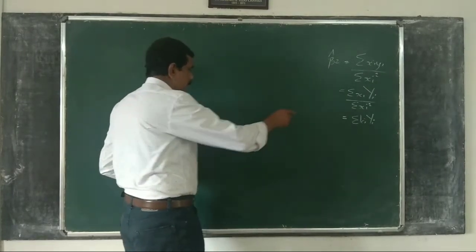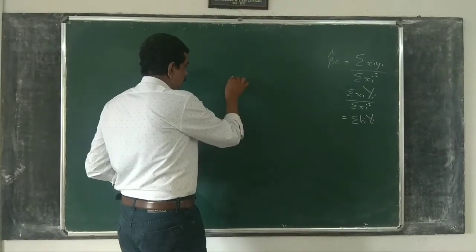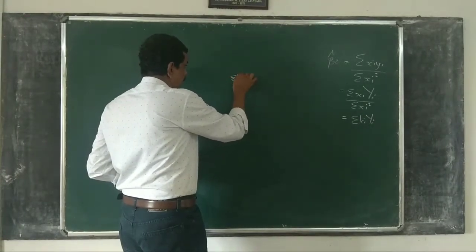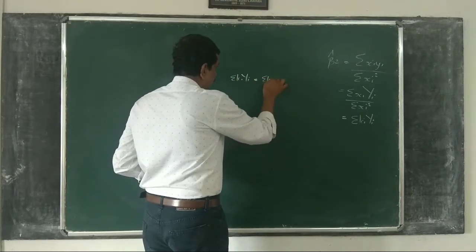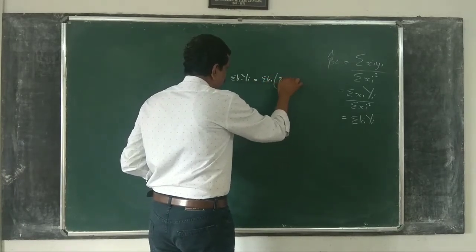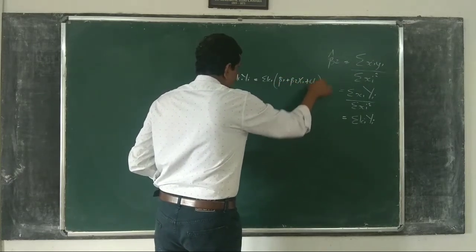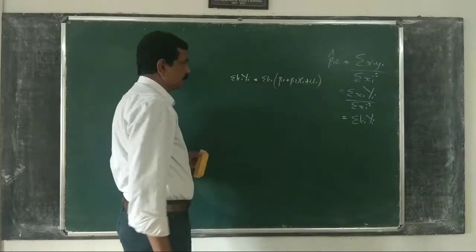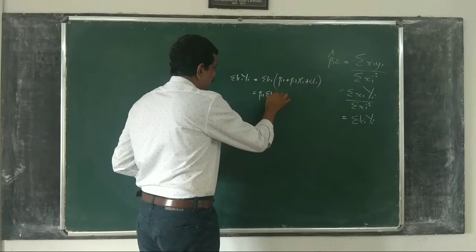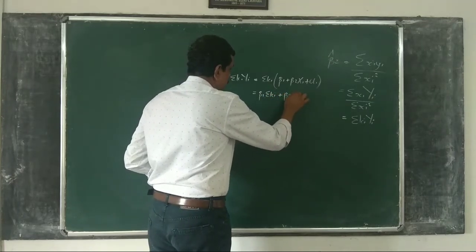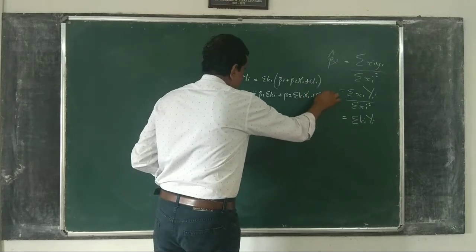Now, we substitute for yi from the PRF. This sigma ki yi is equal to sigma ki into beta 1 plus beta 2 xi plus ui, that is, yi is equal to beta 1 sigma ki plus beta 2 sigma ki xi plus sigma ki ui.